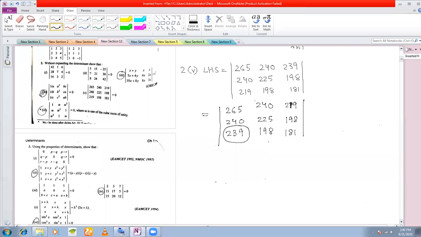Yes, the only problem is with this 239. Is this 239? No, this is 219. I've copied wrongly. So this will become 219 only. Okay. 198, 181, 240, 225, 198, 265, 240. Yes.